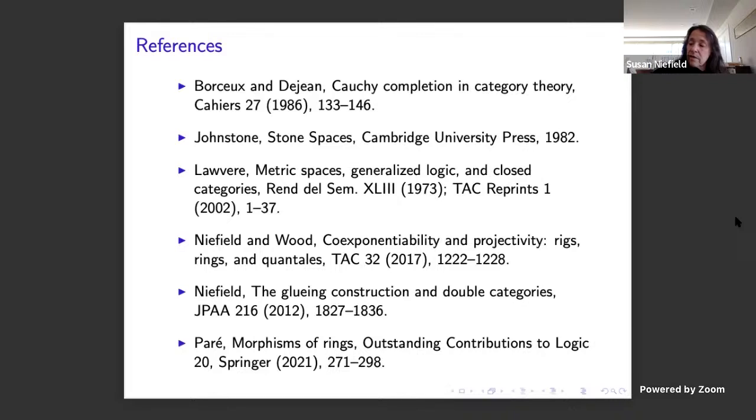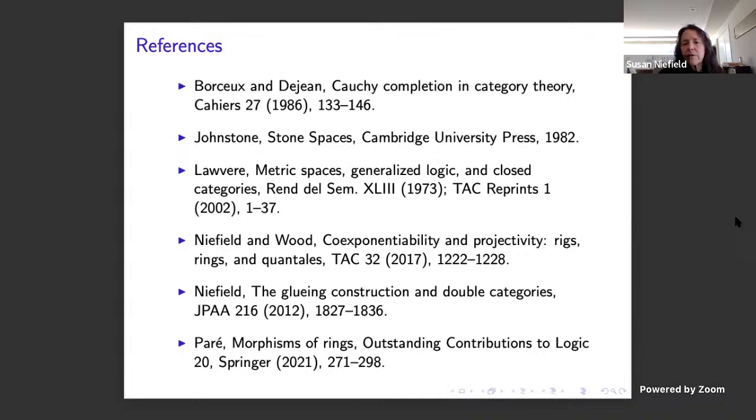One second. I'm jotting down what people's questions are. I don't know if anyone has done that, and it would be interesting to consider. I know that there's a lot done for V-categories. What was known up to 86, you can find references in that Bourseau-de-Jean paper.